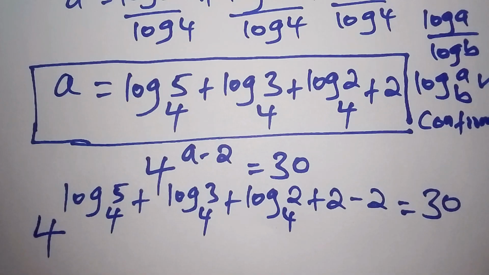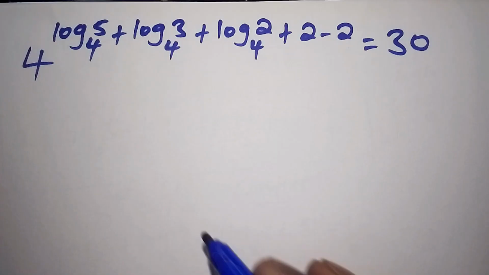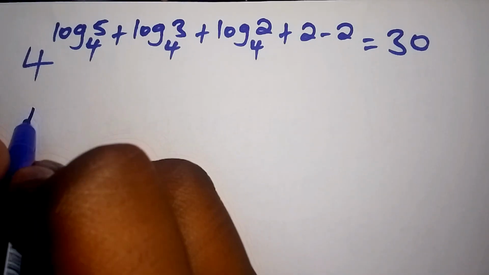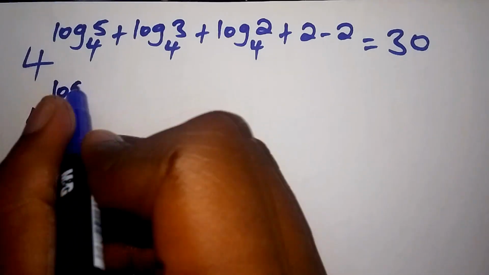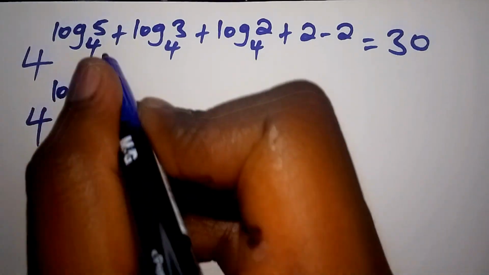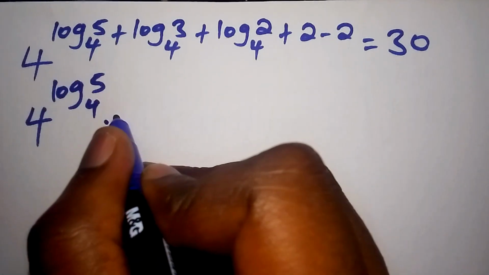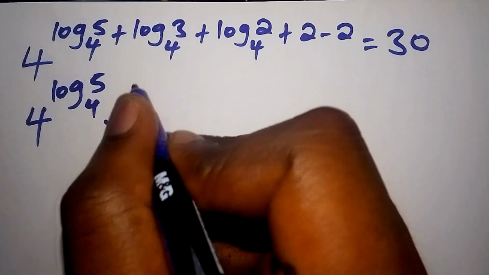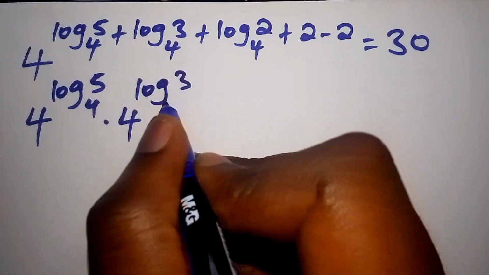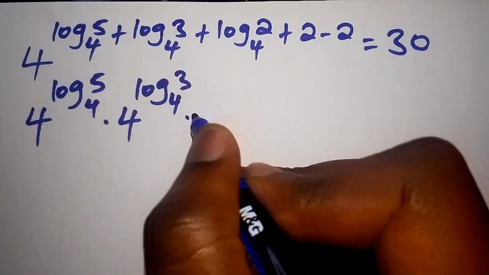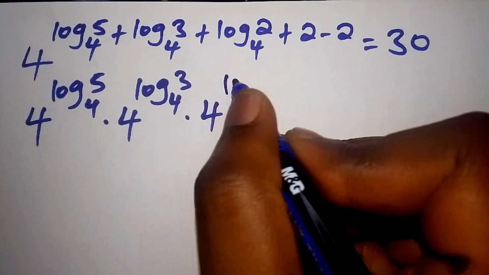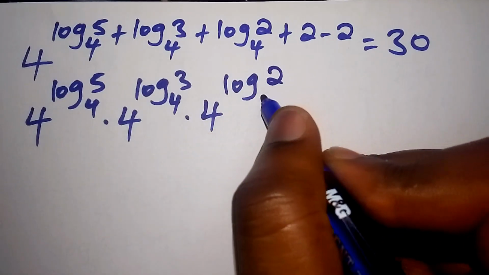So when you rewrite it afresh, we can have 4 to the power of the log of 5 to the base of 4. Then the plus shall change to multiplication. We shall still have 4 to the power of the log of 3 to the base of 4. Then the plus still changes to multiplication, with 4 to the power of the log of 2 to the base of 4.